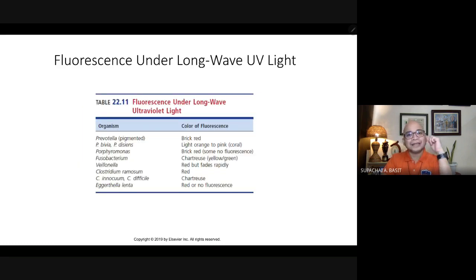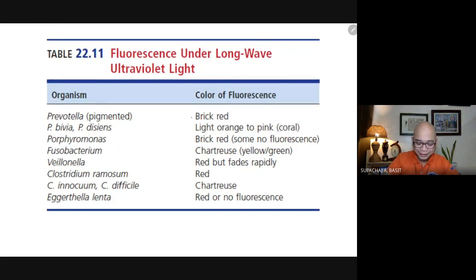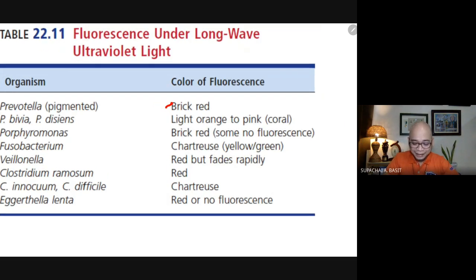These are the different types of fluorescence under long wave ultraviolet light. For those Prevotella that are pigmented, it will produce brick red. Prevotella bivia and disiens will produce light orange to pink.